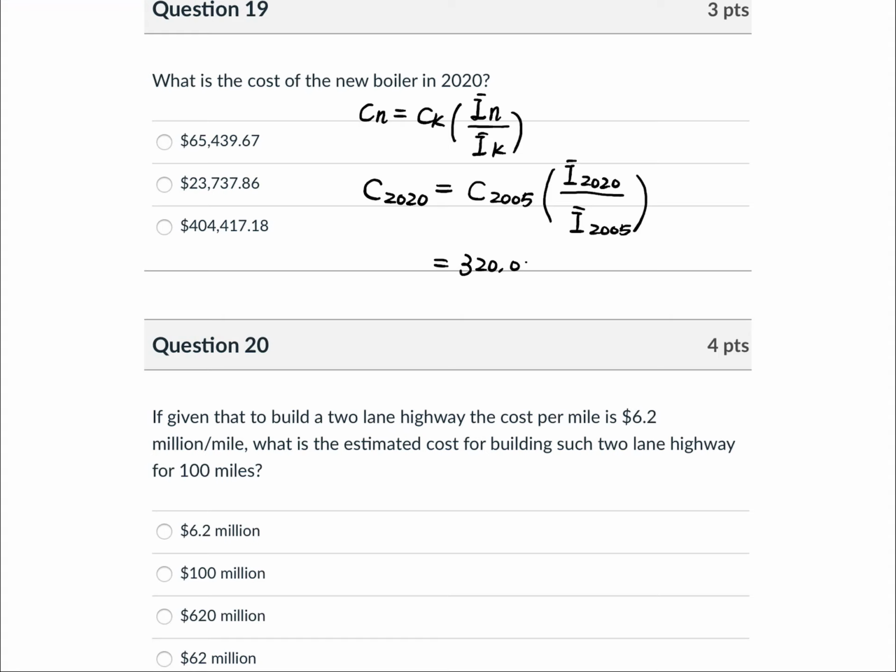So C 2005 is 320,000, given in the statement. And I bar 2020 is 618.